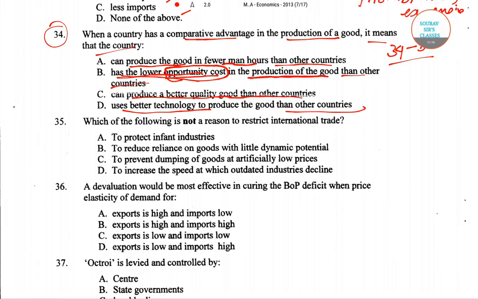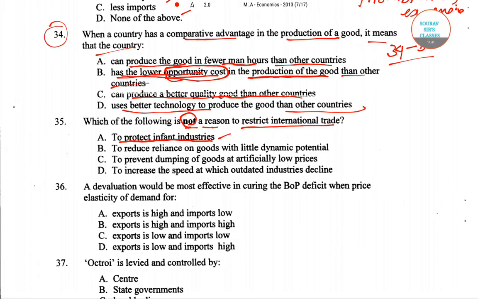In question number 35, it is given, which of the following is not a reason to restrict international trade? First we need to focus on this: not a reason to restrict international trade. To protect infant industry, we usually restrict international trade.